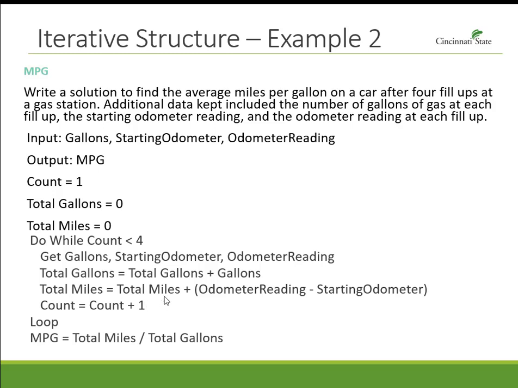Total miles equals total miles plus the odometer reading minus the starting odometer. And now we need to add 1 to the counter. Remember, this is how we exit the loop with this logic right here. So you will continue to loop, and once you finish, you will calculate the miles per gallon by taking your total miles and dividing it by total gallons.